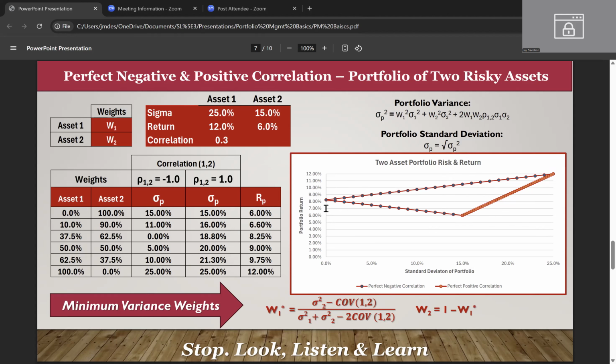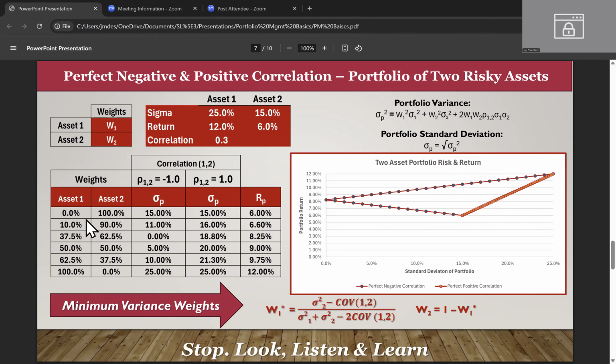And once it hits zero, as we continue to add more of asset one, it starts to increase again. And if we invest the entire portfolio in asset one, then the standard deviation of the portfolio is back at 25% here. And you can see that from the table.